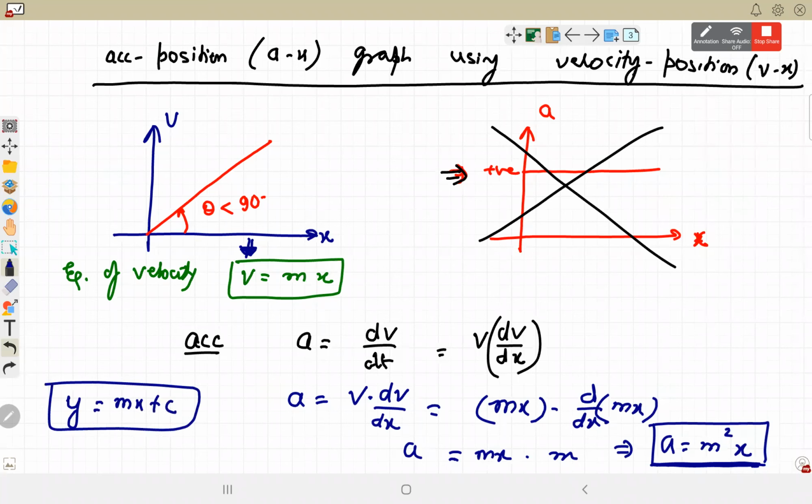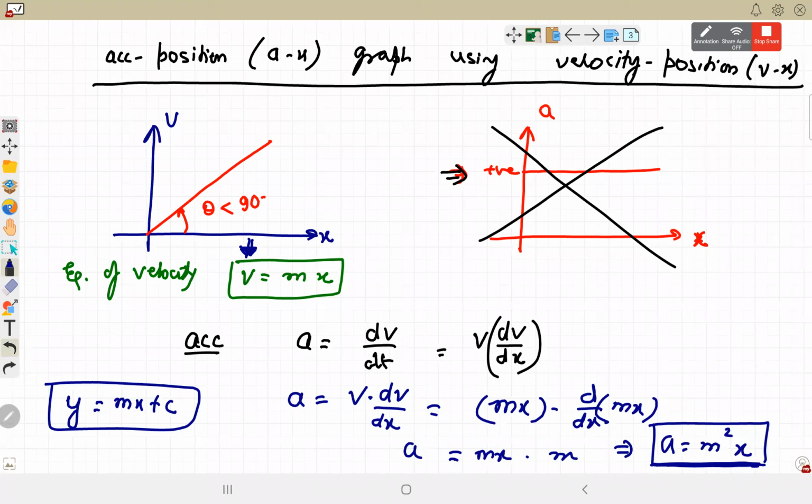When one is linear and another quadratic, then it is a parabola.